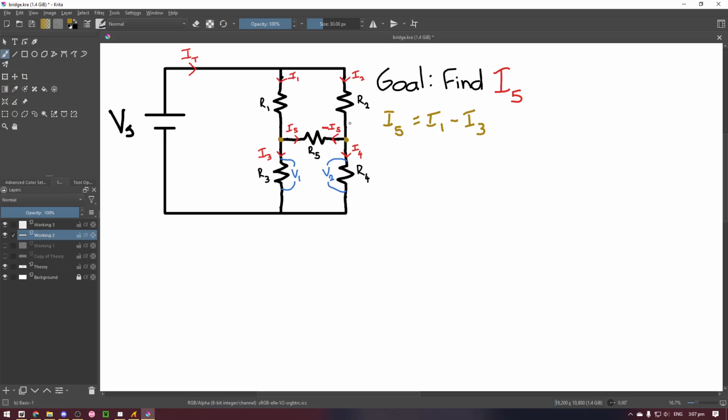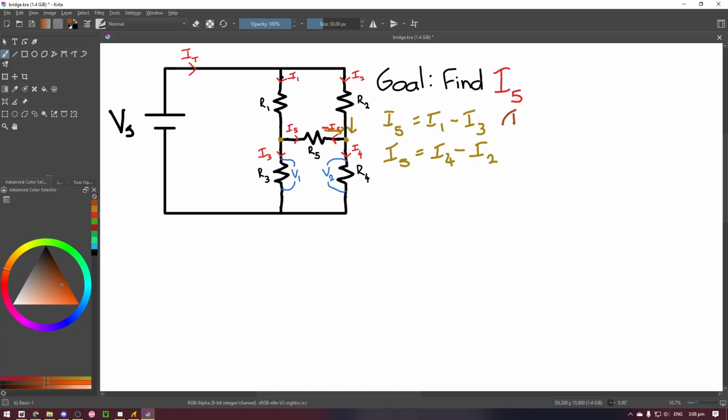In this node, I2 is coming in, splitting into minus I5 and I4, or another way to think about it is I5 is coming in, and I2 is coming in, splitting out into I4, which we can write as I5 is I4 minus I2. I will label this top one equation 1, and this bottom one equation 2. Now we can make 1 equal to 2, because both of them equal I5, which brings us down to I1 minus I3 equals I4 minus I2.